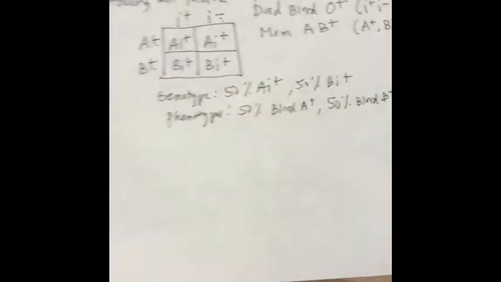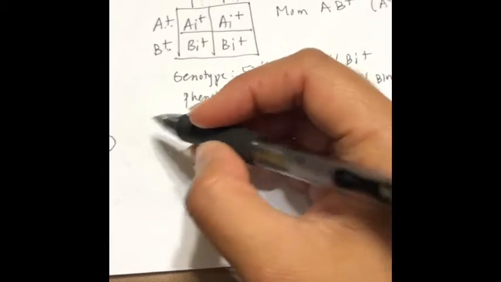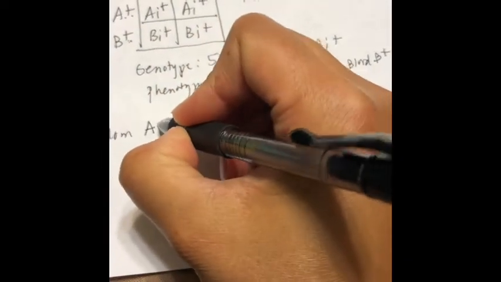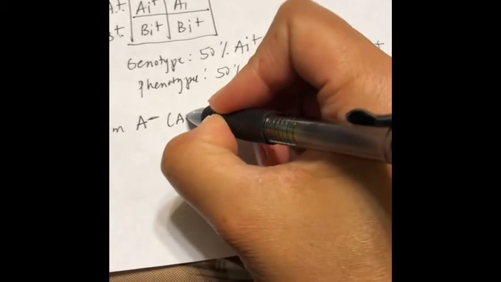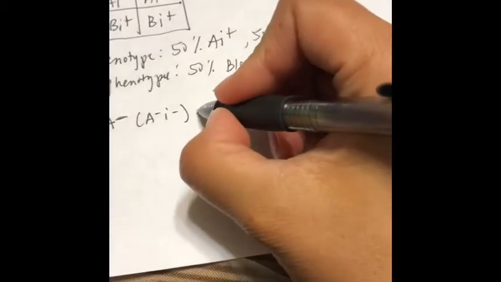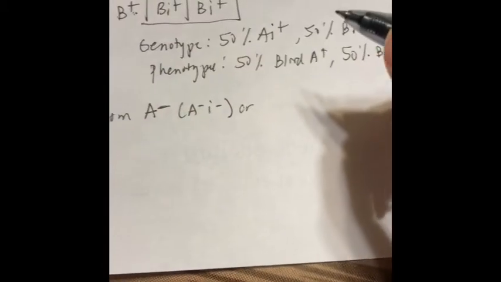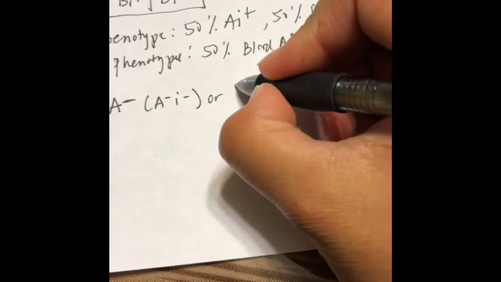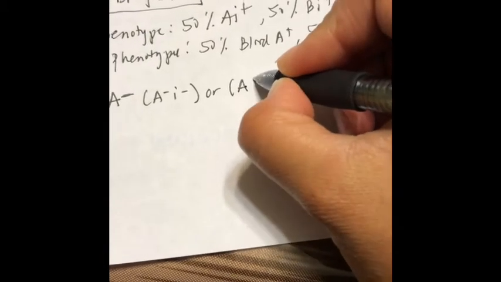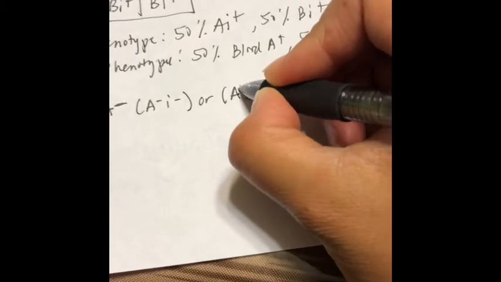Okay, let's do another one. So let's say this time we have a mom who is A negative, so that would be AI minus, I minus, and we have a dad who is also a B positive but heterozygous.